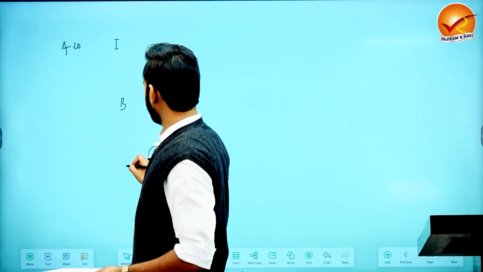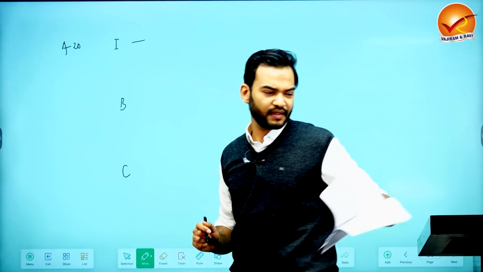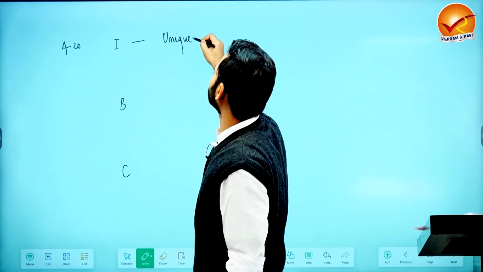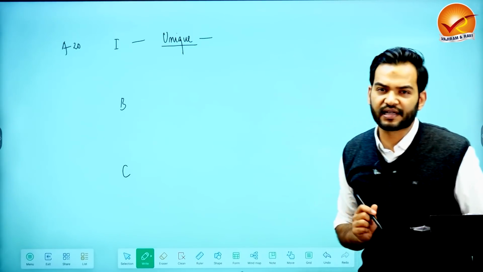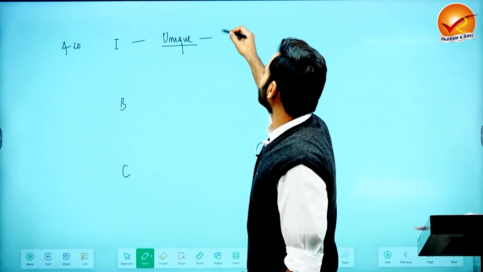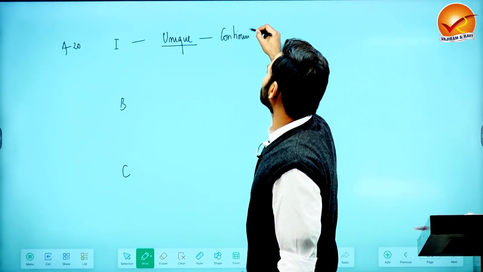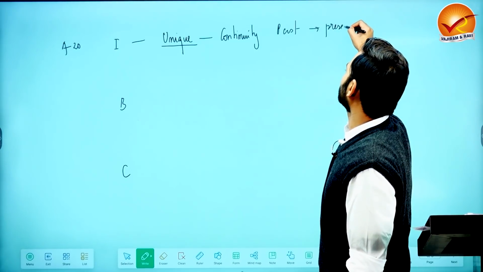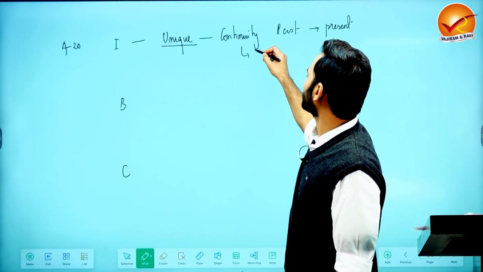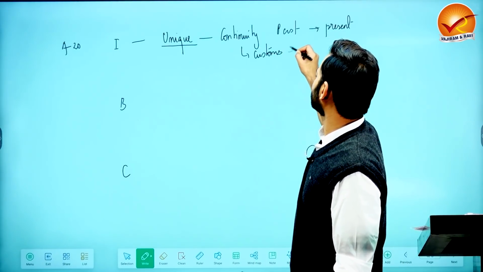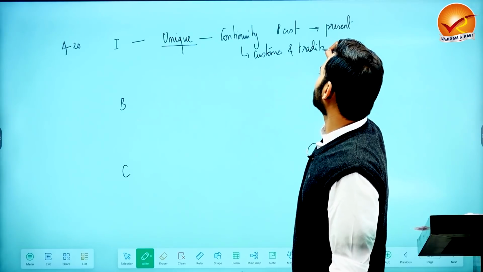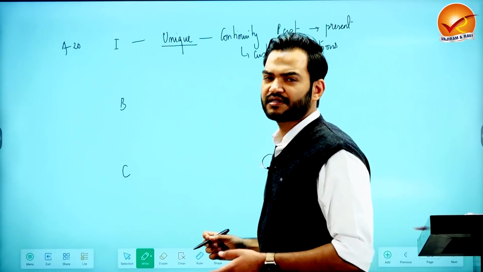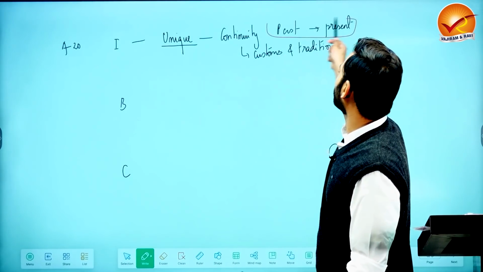Intro, body and conclusion. What will you write in intro? You will write that Indian society is unique in itself, because Indian society has maintained what is known as continuity from the past till the present in our customs and traditions, which is unlike other civilizations like Mesopotamian, Greek, Roman civilizations, which have lost continuity from the past till the present.